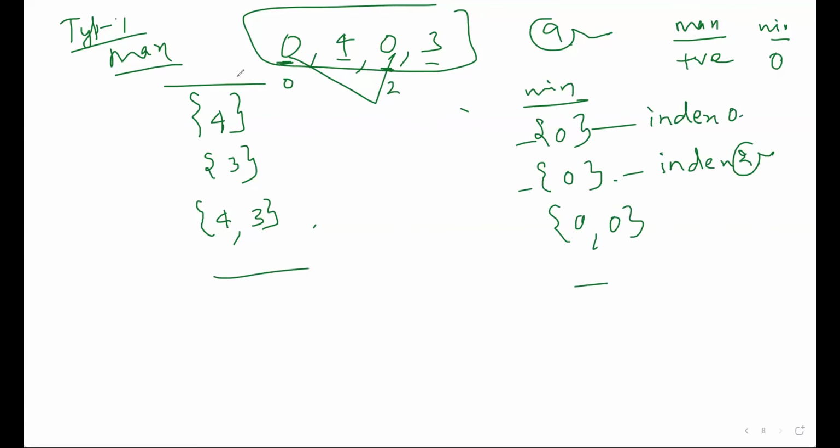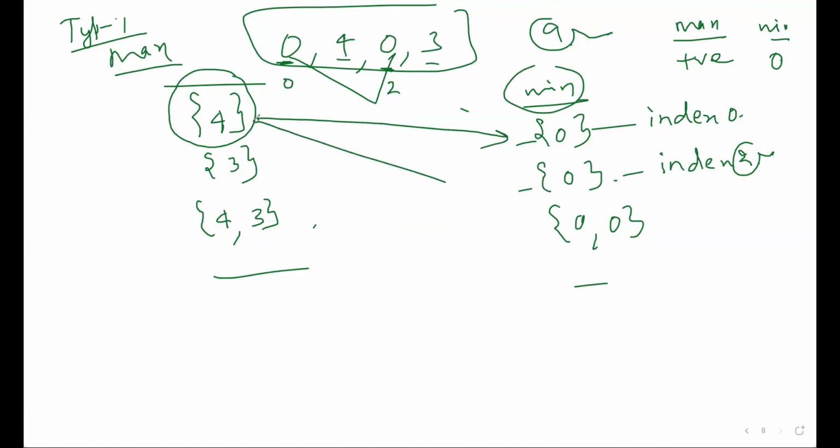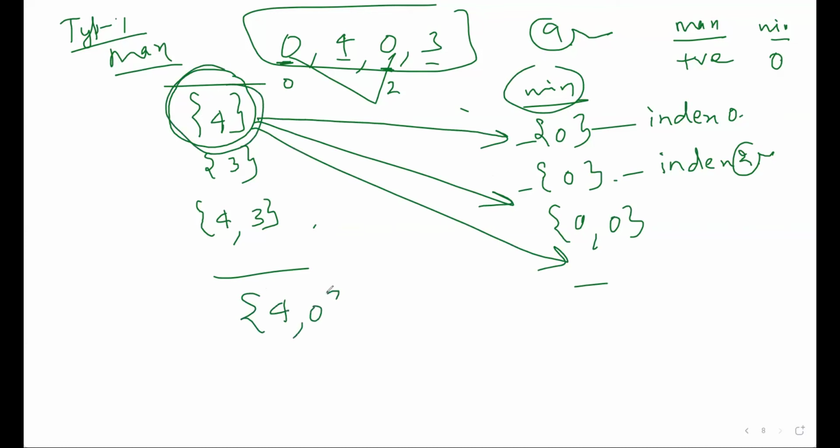If I want at least one non-empty subsequence which contains at least one positive value and at least one zero value, how many combinations? For this, I have one option here, one option here, one option here. Three options for this.